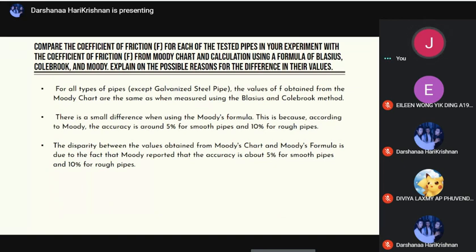This is because, according to Moody, the accuracy is around 5% plus minus for smooth pipes and 10% plus minus for rough pipes. The disparity between the values obtained from Moody's chart and Moody's formula is due to the fact that Moody reported that the accuracy is about 5% plus minus for smooth pipes and 10% plus minus for rough pipes. Next.